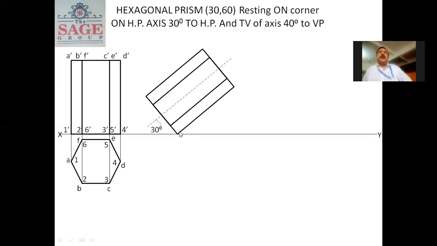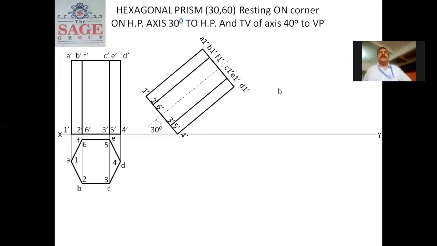As we know, the axis is parallel to this side, so this side is also inclined 30 degrees. Start from here and first draw this side at 30 degrees. Then take the dimensions from the last view, copy it completely and complete this view.